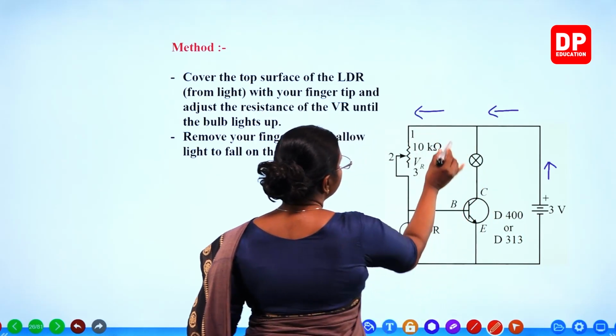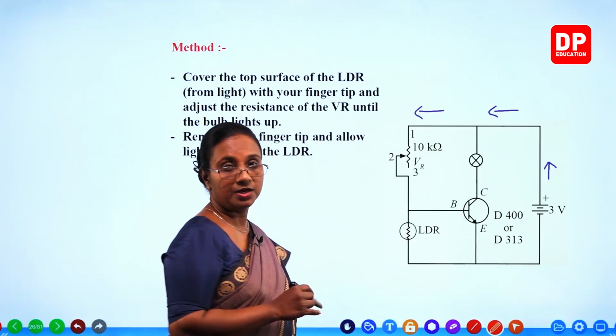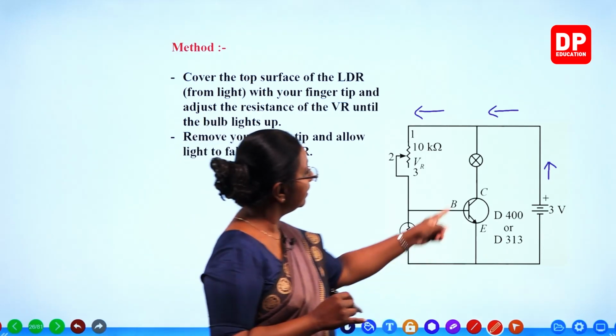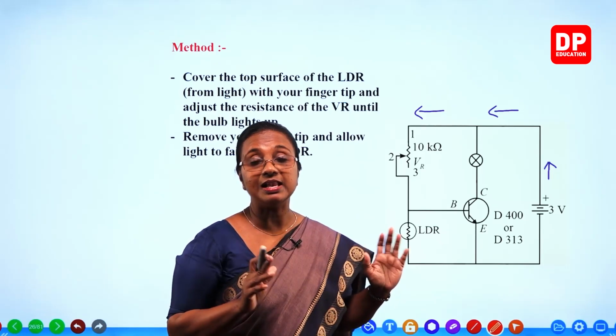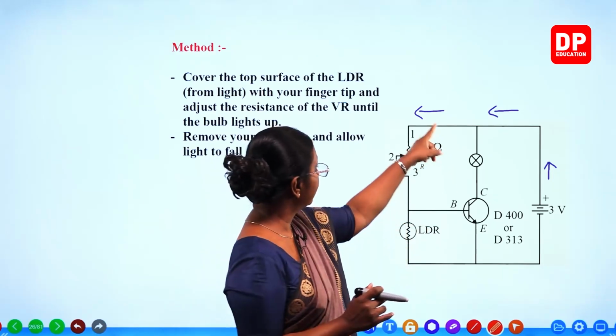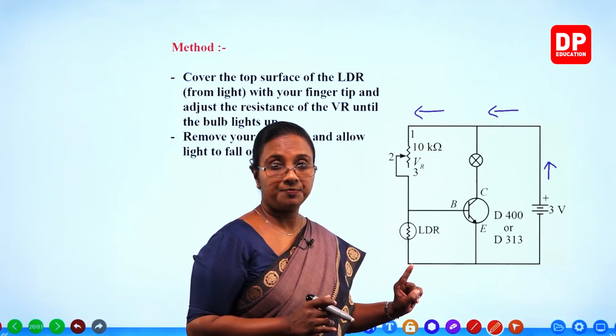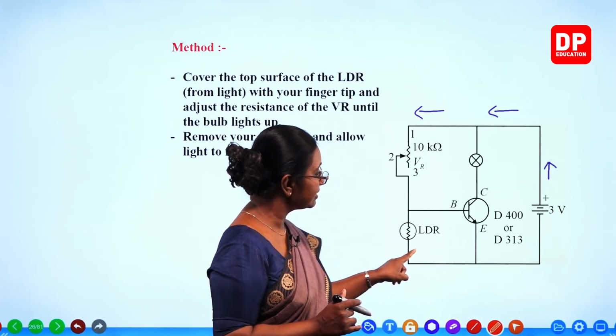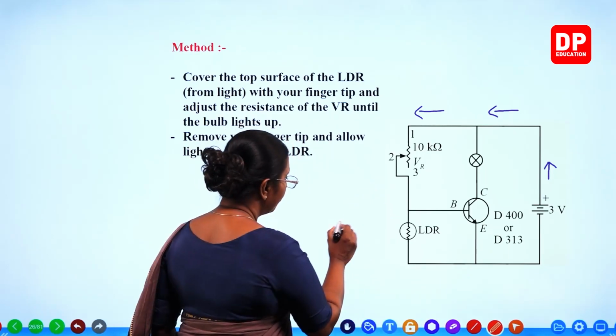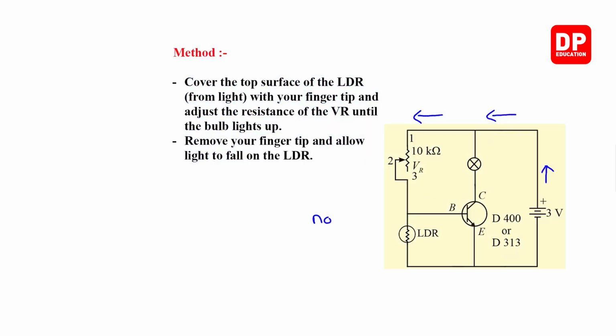We will have to adjust the volume control so that the bulb lights. Accordingly, this resistance will change so that there will be current flowing up to this point. Now LDR has high resistance when there is no light.